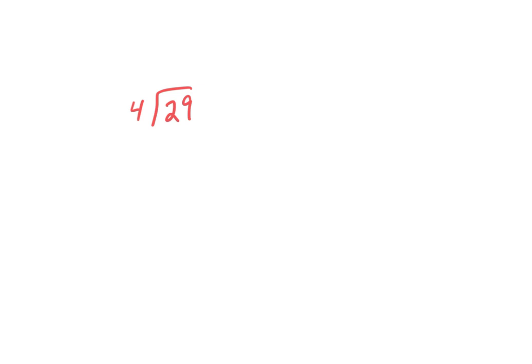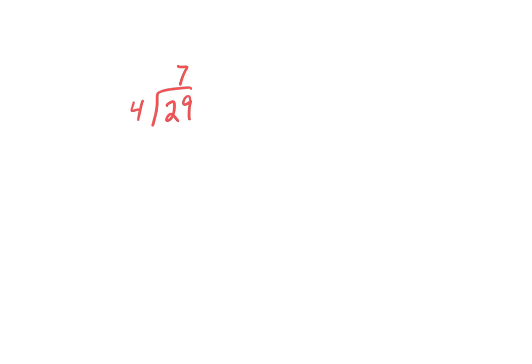Today we're going to see it with polynomials, but just to remember the process and what everything means: if I have a number like 29 and I'm dividing it by 4, the first thing we ask ourselves is how many times can 4 go into 29 without going over? 7.